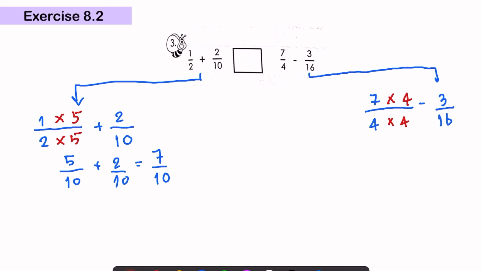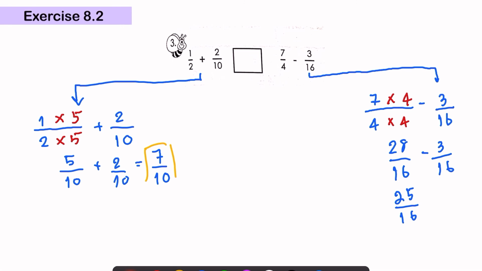This is what we get: 28 over 16 minus 3 over 16. Okay, so the answer is 25 over 16. Now this is the answer.